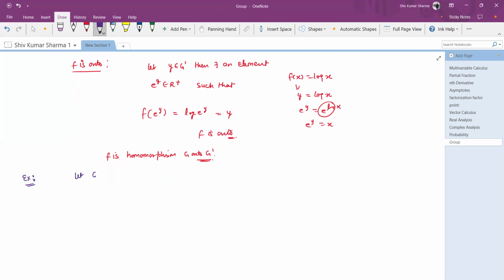So let G is equal to 0, plus minus 1, plus minus 2, plus minus 3, and so on, be the group of integers under addition.